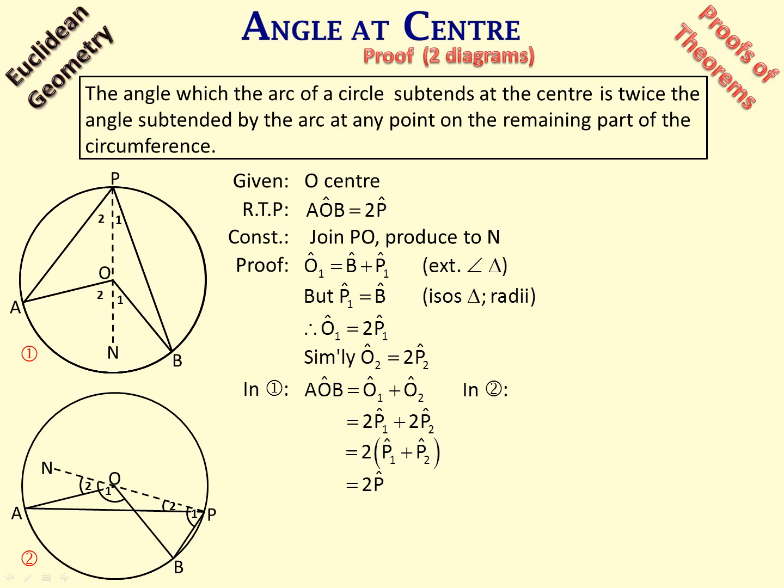Now I go to this triangle here, and I say AOB is O1 minus O2. Now I'm going to use the O1 and O2 there and substitute. Common factor, and it's P1 minus P2, the whole P1 minus the P2. There we are, which gives me angle P in the original diagram.